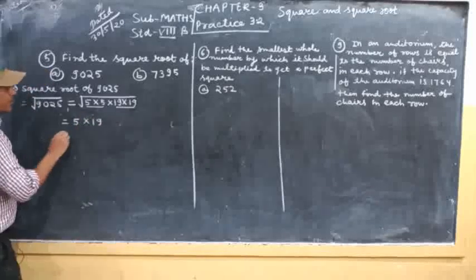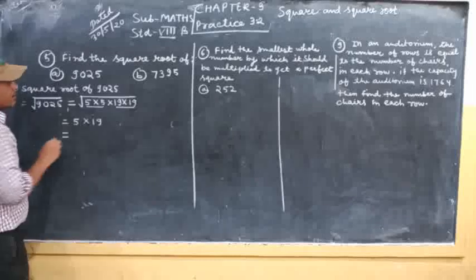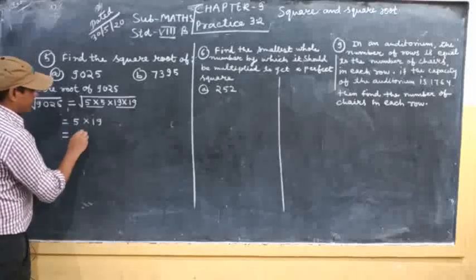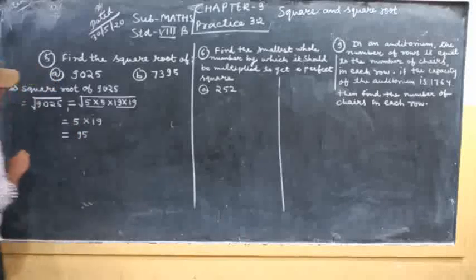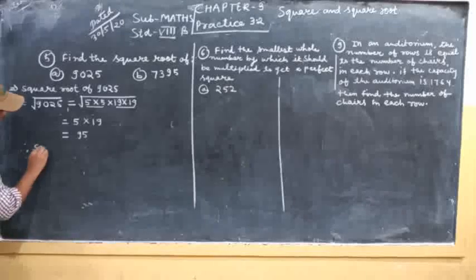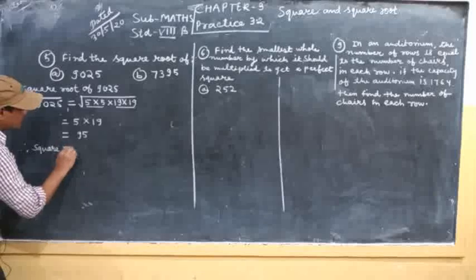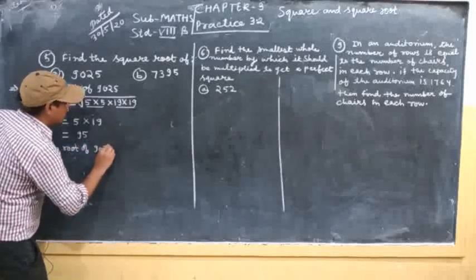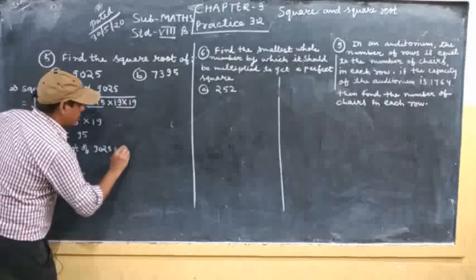The product of 5 and 19 is 95. Hence the square root of 9025 is equal to 95.